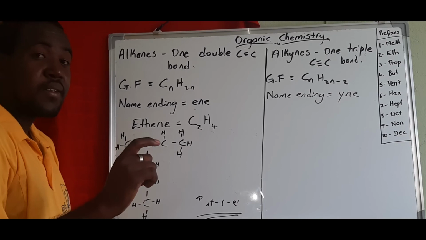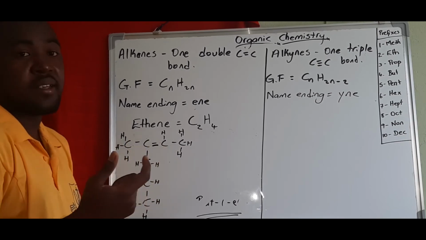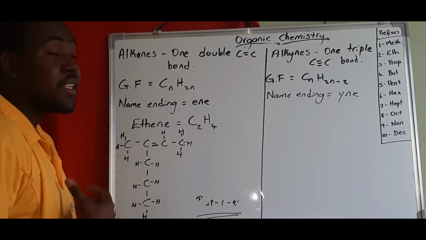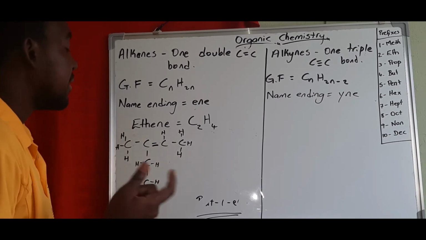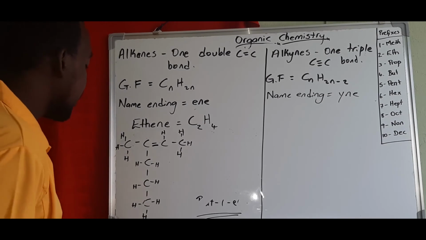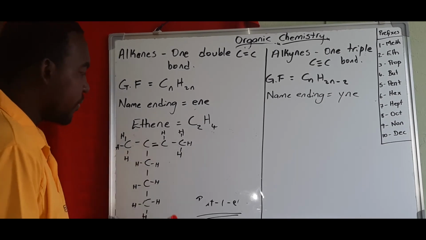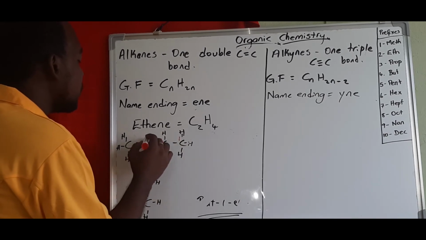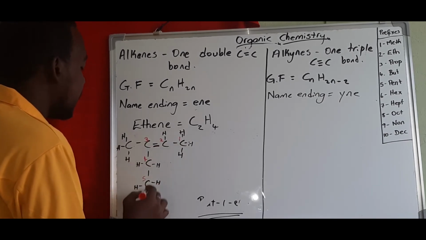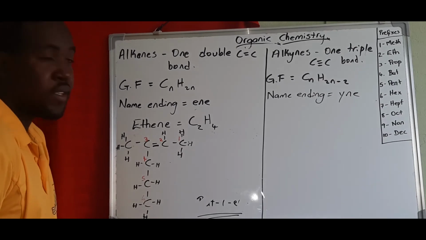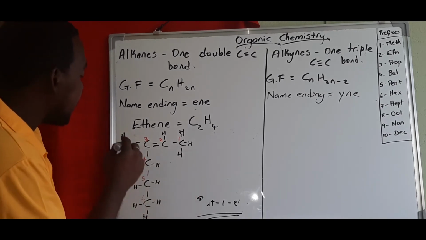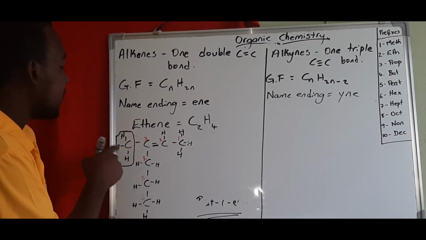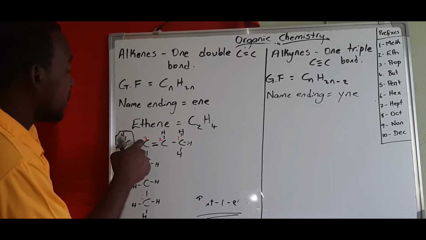Now the next part. For alkanes we count from the end that has the branch, but for alkenes we count from the end closest to the double bond, which is not here. So we have to start from here. This is 1, and the double bond is on 2, then 3, 4, 5, 6. Now this here is our branch, and our branch CH3 is methyl, so it's on the third carbon.